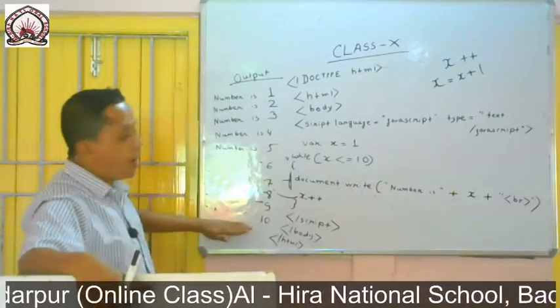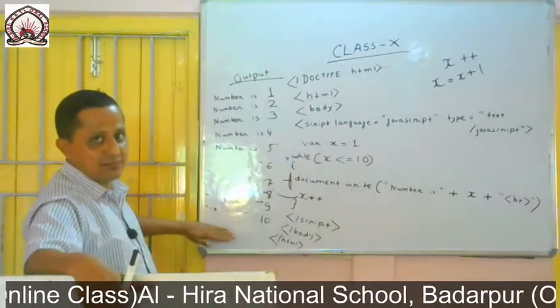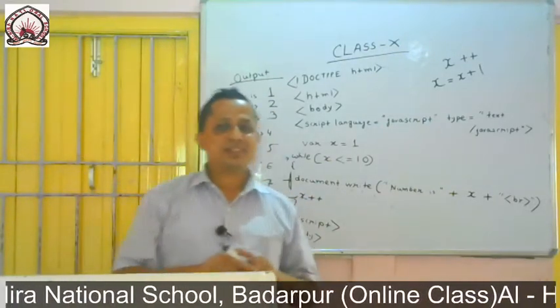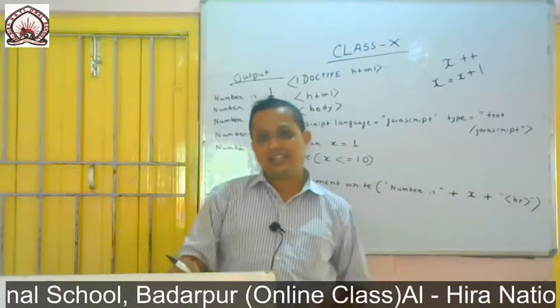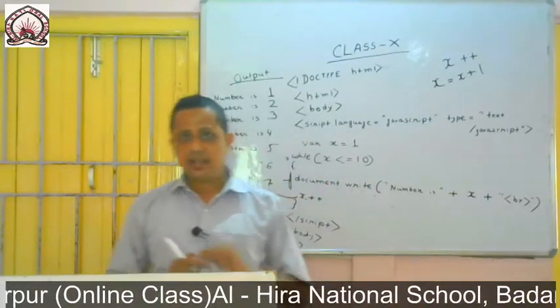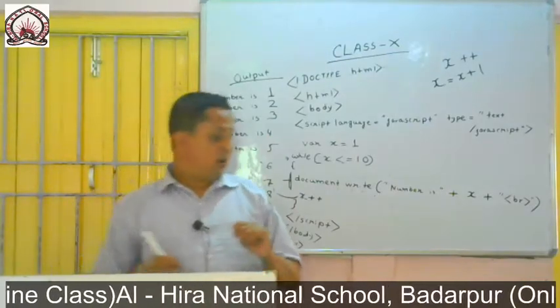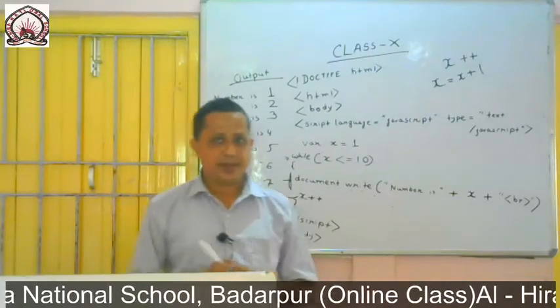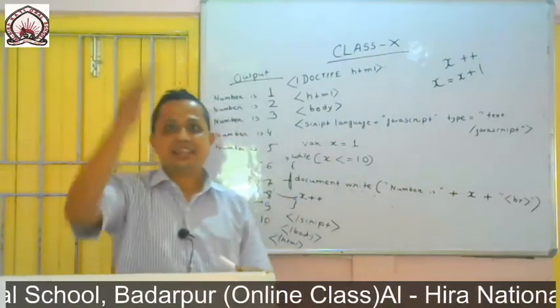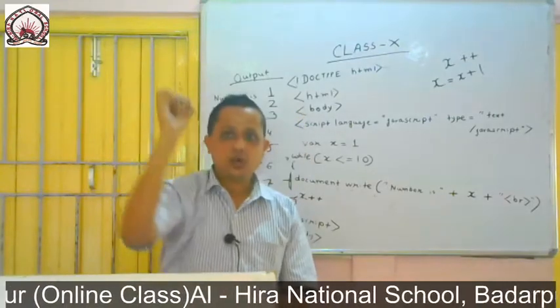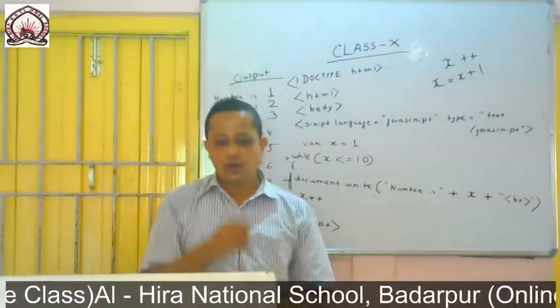So it will stop executing here, because my condition was that the statement will execute repeatedly as long as the condition is true. I hope you understand up to here. If you understand the while loop up to here, you will easily understand the do while loop and the for loop.